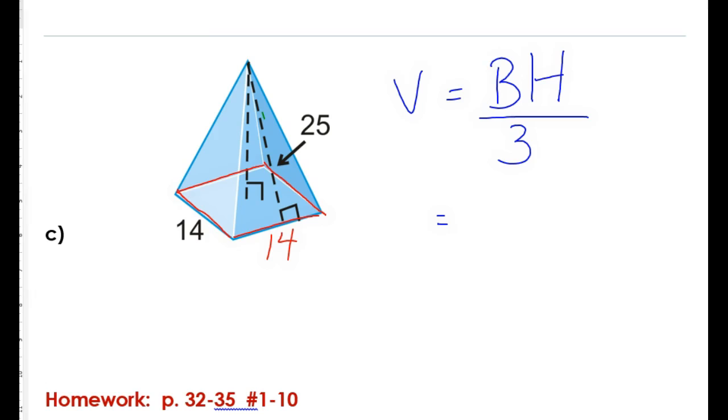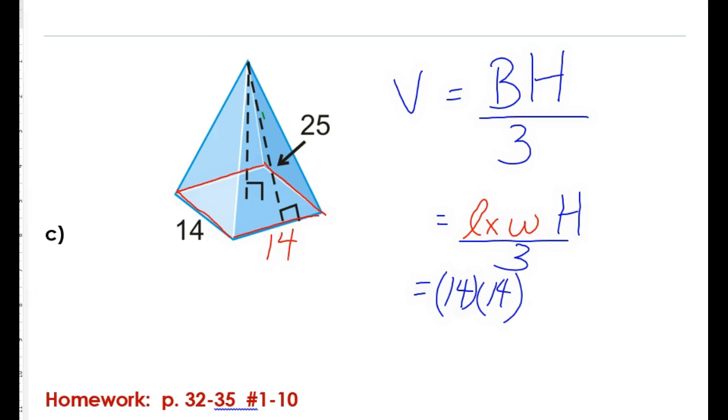So what is my base? Well, my base is going to have to be calculated by taking the length and multiplying by the width. Okay, big H I just found, and I'm going to divide that by 3. So if my length is 14, my width is 14, and my big height, remember, was that 24 that I figured out, that's this guy right in here, and I'm going to divide that by 3.